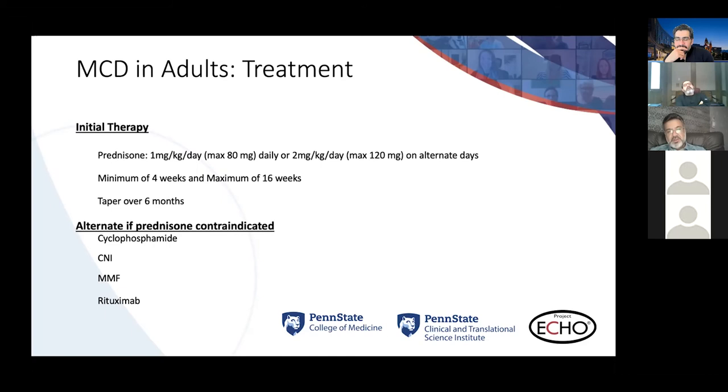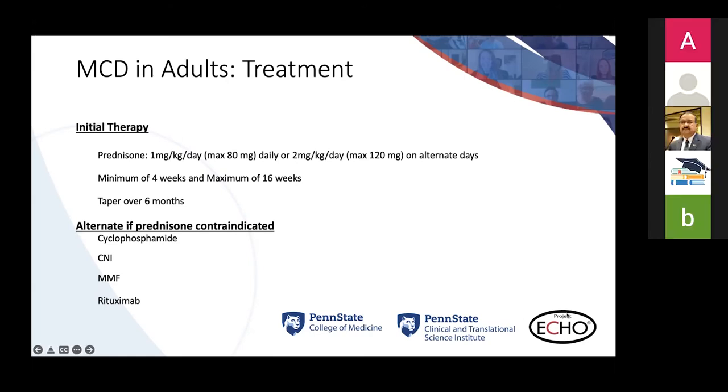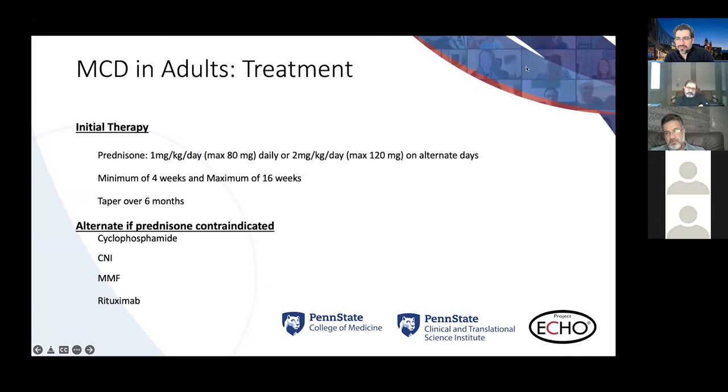And the steroid response and the treatment regimen, there is not much data about this. So at this point, we are treating them as children, and we would give them a full dose of steroids, 2 milligram per kilogram per day for 4 weeks if they respond. And if they don't, then we change them to alternate medications like cyclosporin.